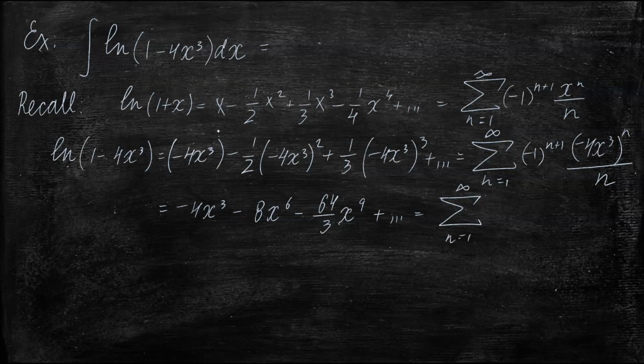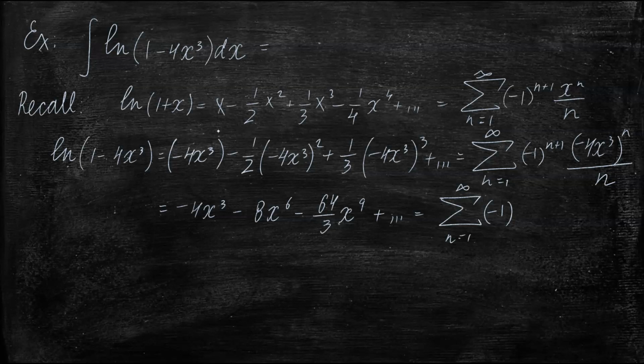So we have negative 1 to the power n plus 1, negative 1 to the n. So it's going to be negative 1 to the power 2n plus 1. So it's always odd. So we're always going to have negative 1 here.